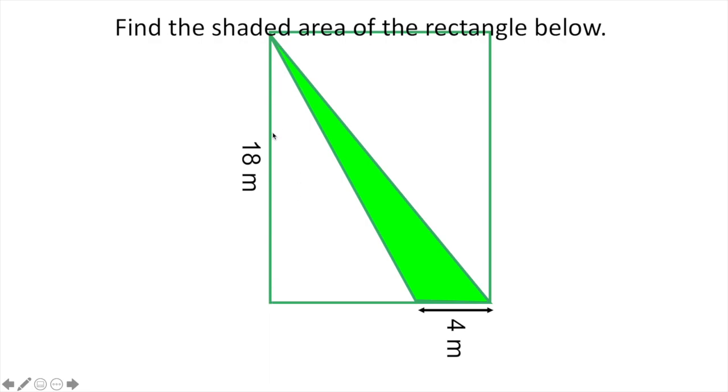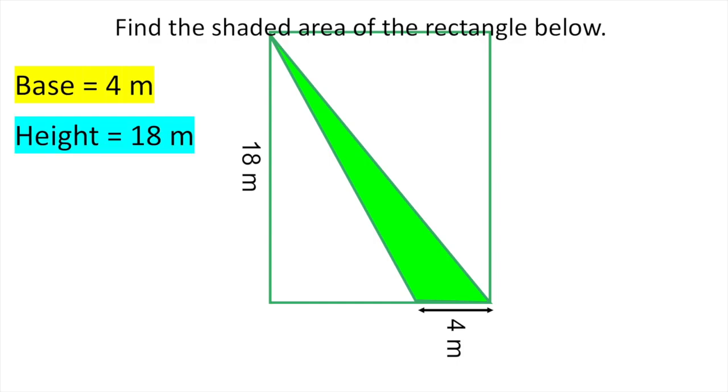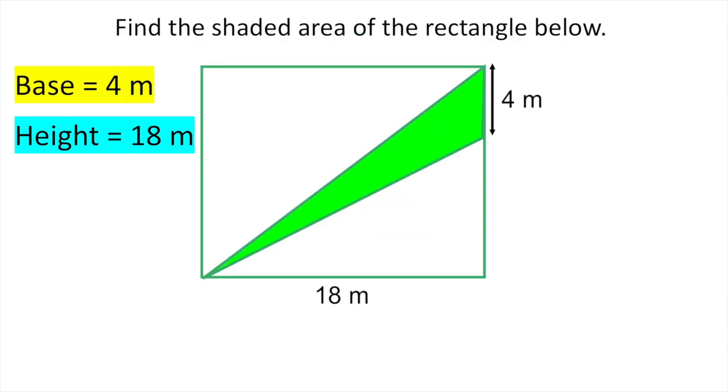I know that this can be the height and this can be the base because I know that this corner right here is 90 degrees and that the base and the height will always come together at a 90-degree angle. So that means that my base is 4 meters, the height is 18 meters, and now I can solve.